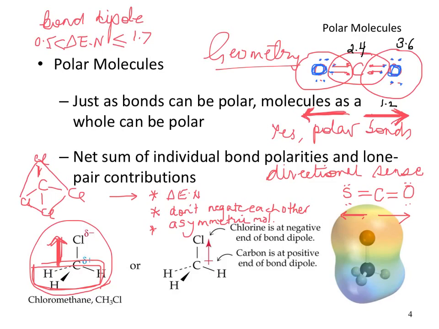In this case, whatever is the pull that is felt in this direction is going to be nullified by the resultant in the opposite direction, and hence you would say that that is not going to be a polar molecule.